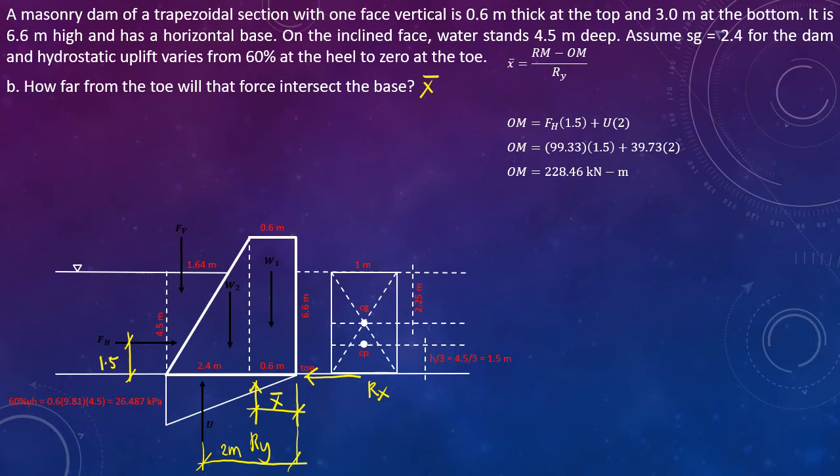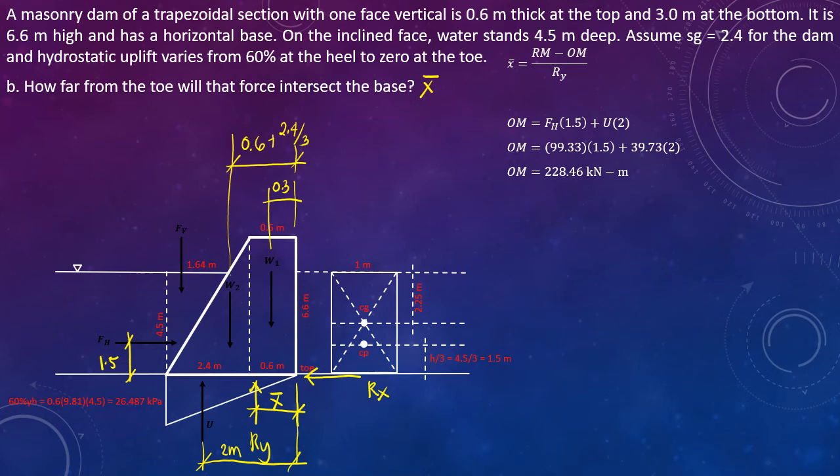So for W1, the moment arm with respect to the toe will be 1/2 of 0.6, so that will be 0.3. For the moment arm of W2 with respect to the toe, that will be 0.6 plus 1/3 of 2.4. So that is 0.6 plus 2.4 over 3.